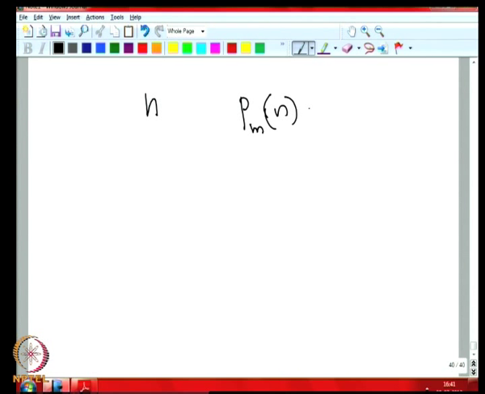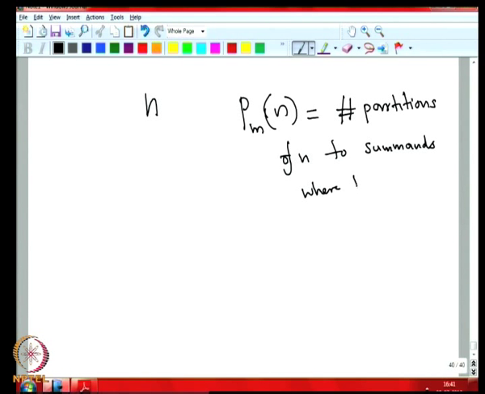Now we are saying this number is going to be equal to the number of partitions of n into summands where the largest summand equals m.